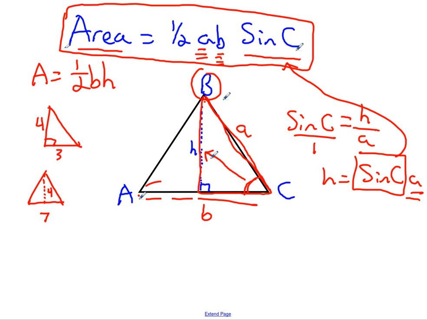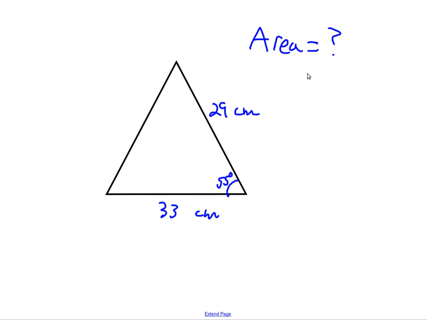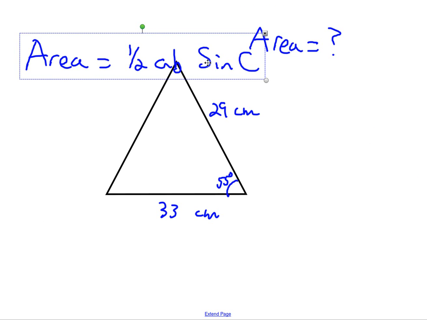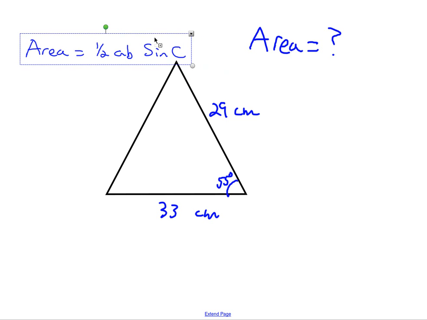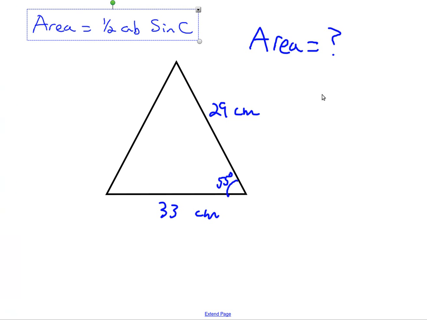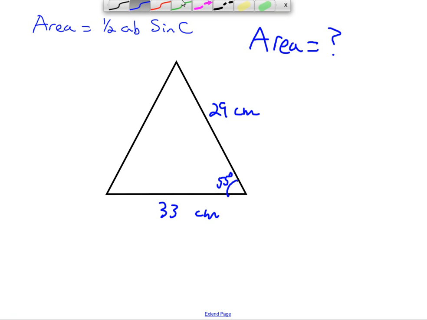So let's take a look at this formula, and let's see if we can use it to actually solve a problem. So take a look at this right here. I'm going to paste our little formula in here so we have it on this screen. And so what you have to do is you have to say, okay, I have to remember how we name all these things, and I'm going to say area equals half.